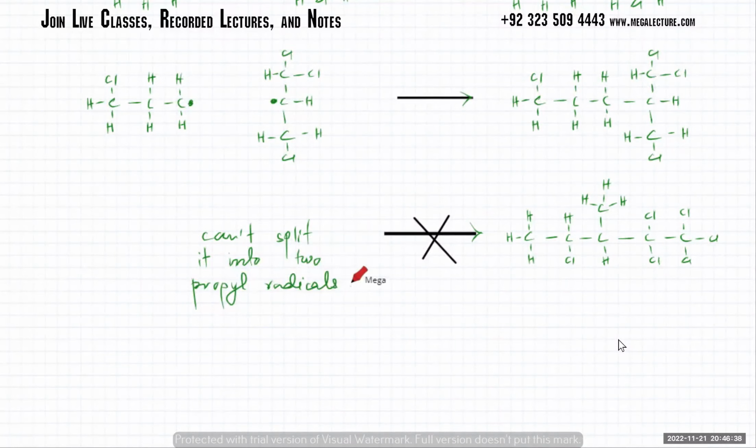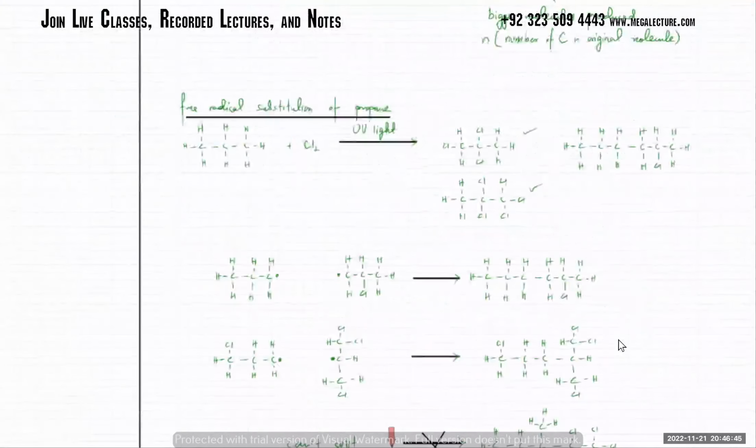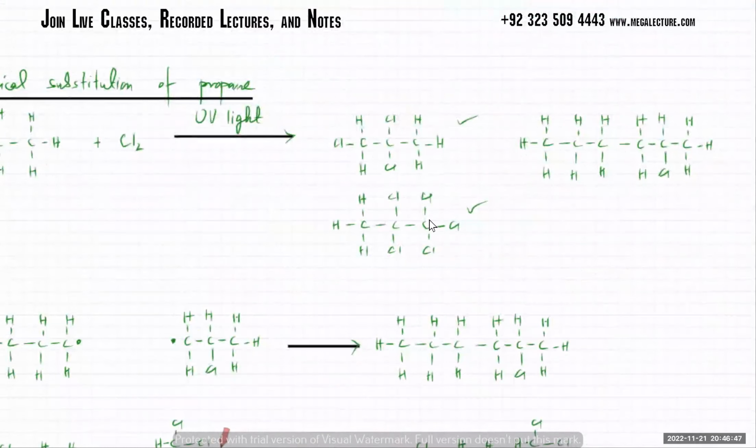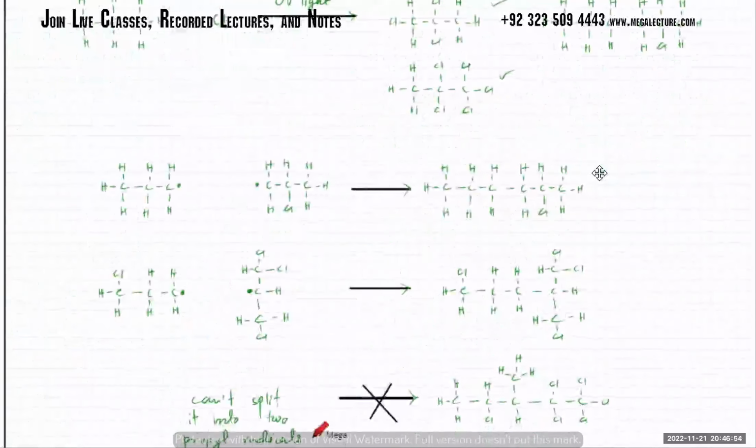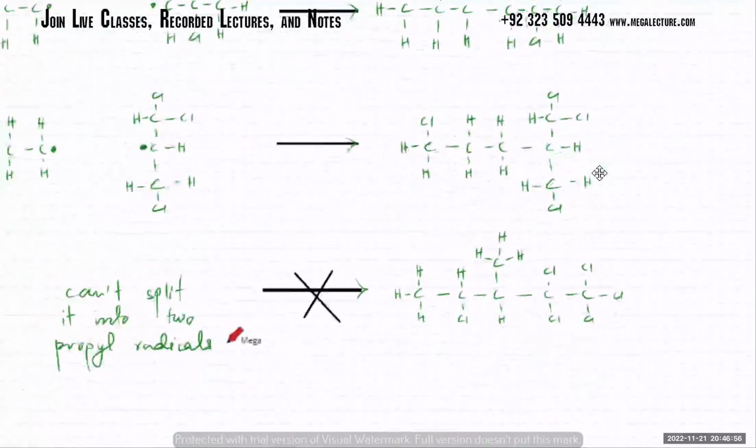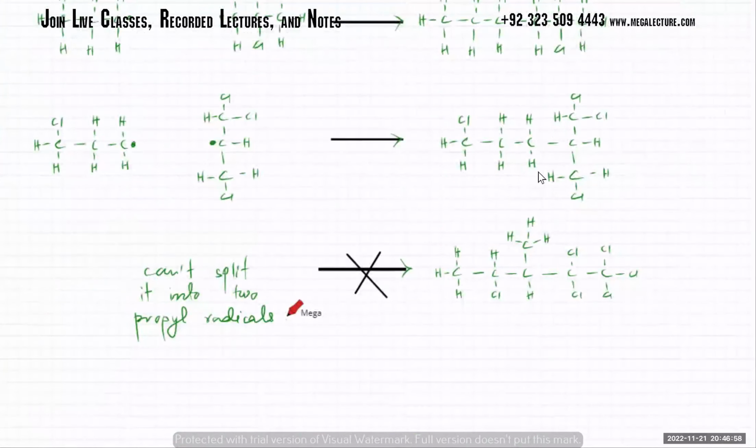So this is not going to be a product. Questions like this come where they might ask you which ones are the correct products. Obviously you're going to get 3 carbon atom substitution products, but you're also going to get 6 carbon atom substitution products. The logic behind that is that any number of Cls could get substituted, but the main idea is that it remains a 3 carbon atom molecule joining with another 3 carbon atom molecule. This can't be one of the products.